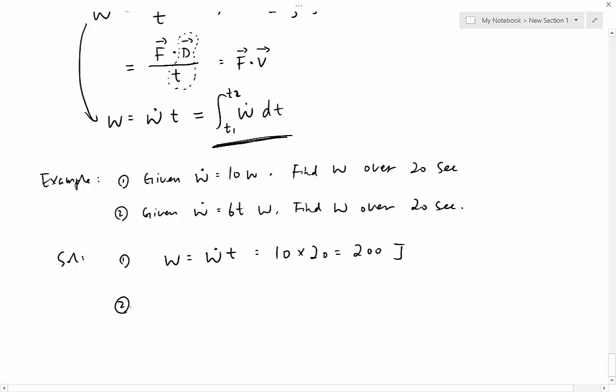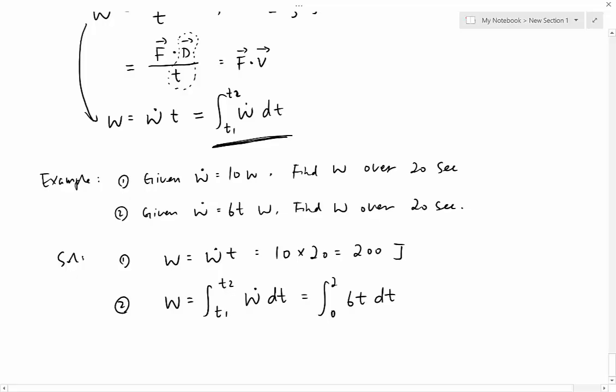And then part 2. Part 2, how do we find work? Can we still use the same equation? No, because this time W dot power is no longer a constant. It's a function of t, time. So we have to use the integration from t1 to t2, W dot dt. So now plugging W dot is 6t multiplied by dt. Lower limit, we start from 0 second.